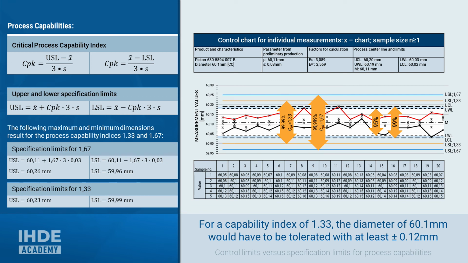These were also entered in the control chart. If the requirement for the process capability is a value of 1.33, then at least 99.99% of all values will probably be between these specification limits.